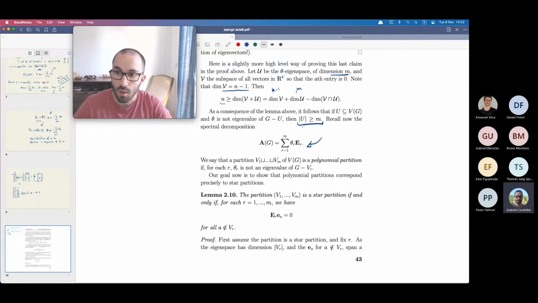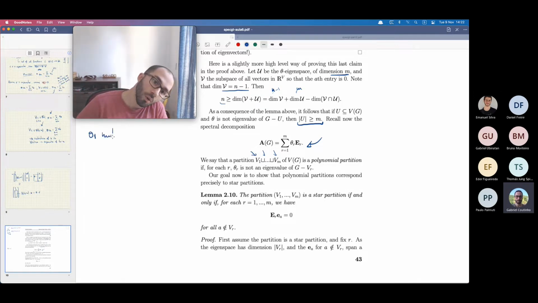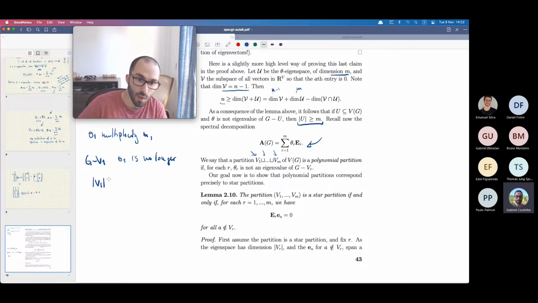Okay, so again, what's going on here? You have a set of vertices U. So basically, each one of these guys will be associated to an eigenspace. So theta 1 is an eigenvalue with multiplicity, say, M1, and then you go there and you get G, you remove V1, and that theta 1 is no longer an eigenvalue, which means that V1 has size at least M1.